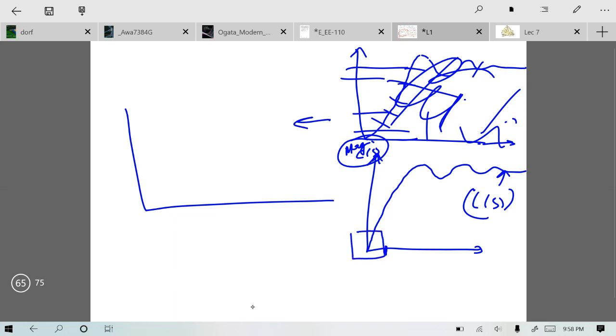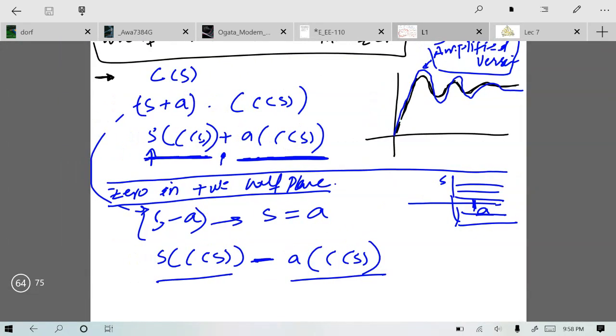Just consider this portion. In this portion, the magnitude of C of S is low, whereas the slope of C of S is high. The magnitude term is low and this term is high.